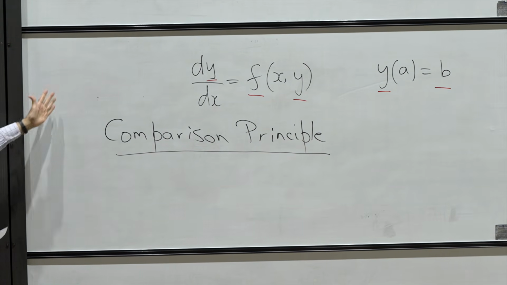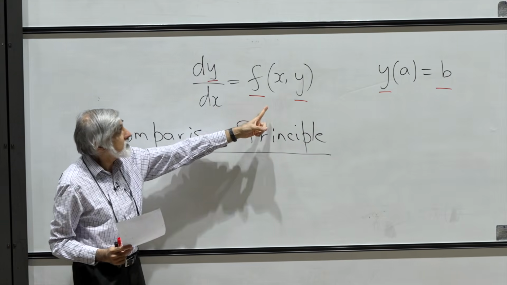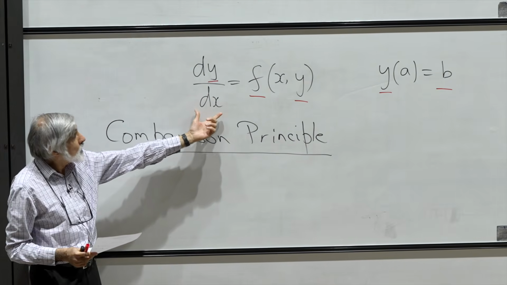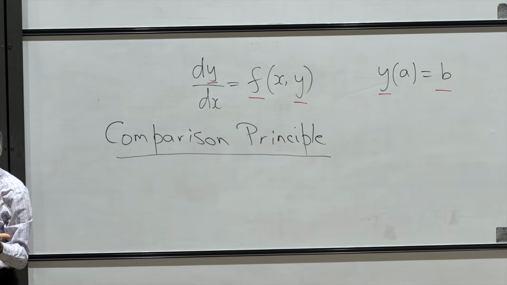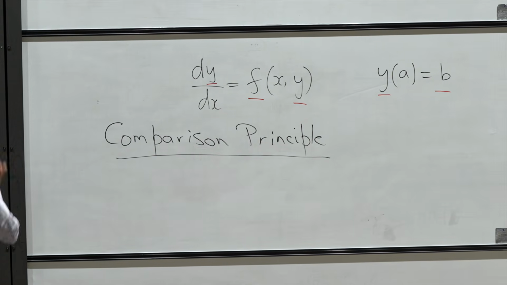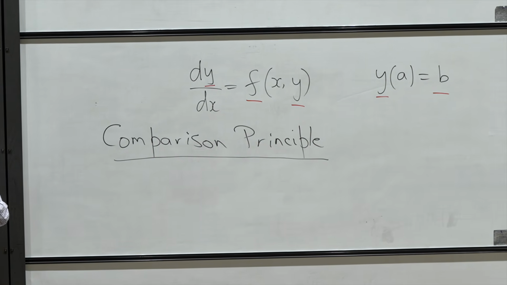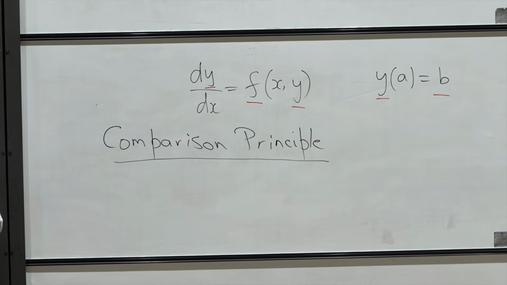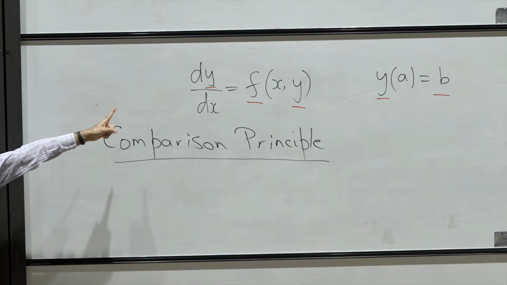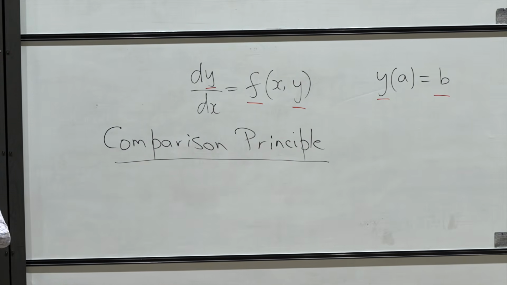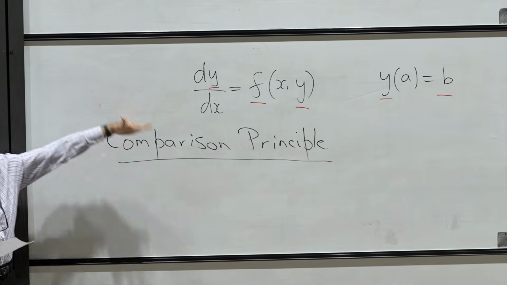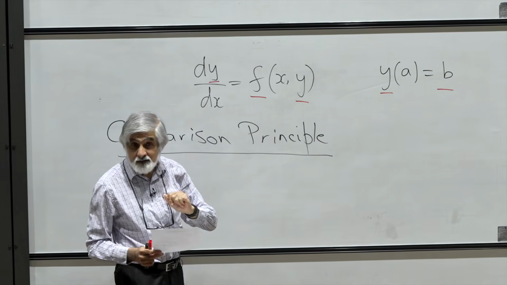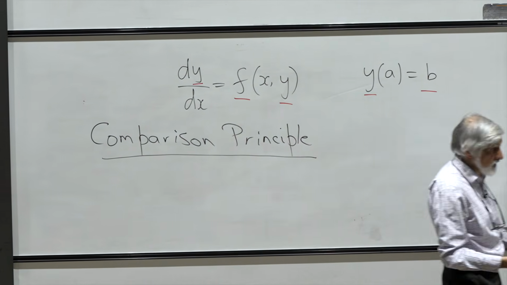Notice that we can't just carry that over to systems, because what does it mean for one vector to be bigger than another vector? That doesn't mean anything. You'd have to use norms. But then if you use norms, positive and negative will have the same norm if you take a modulus. But negative would decrease this, positive would increase it. So the comparison principles do not carry over. So we'll not go into that, but that's an important point to mention.